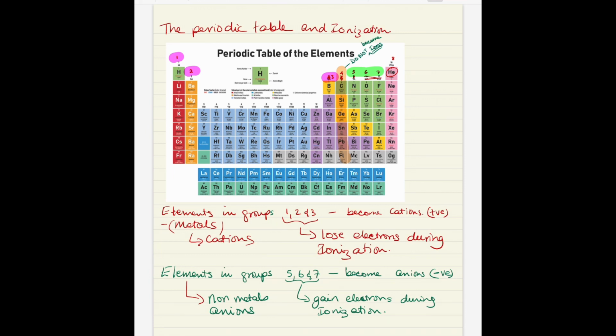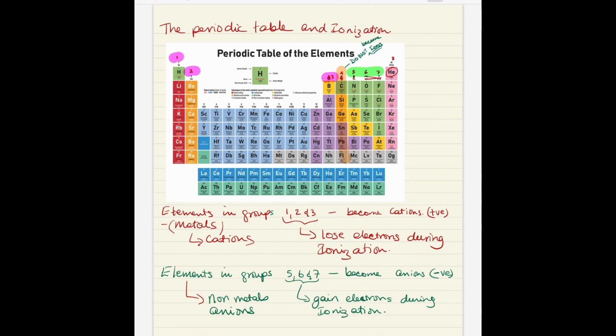Is the element a metal or a non-metal? If it's a metal, assume instantly it is going to become a cation and it will be losing electrons. If it is a non-metal, assume it is going to gain electrons and become a negatively charged ion, an anion.